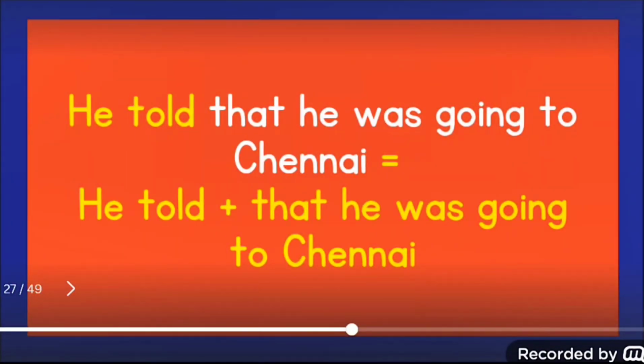Next example. He told that he was going to Chennai. He is the subject here. Told എന്ന് പറയുന്നത് verb ആണ്. ഇനി ഒബ്ജക്റ്റിൻ്റെ സ്ഥാനത്ത് നമ്മളൊരു noun എഴുതുന്നതിന് പകരം here we have written an entire dependent clause, right?